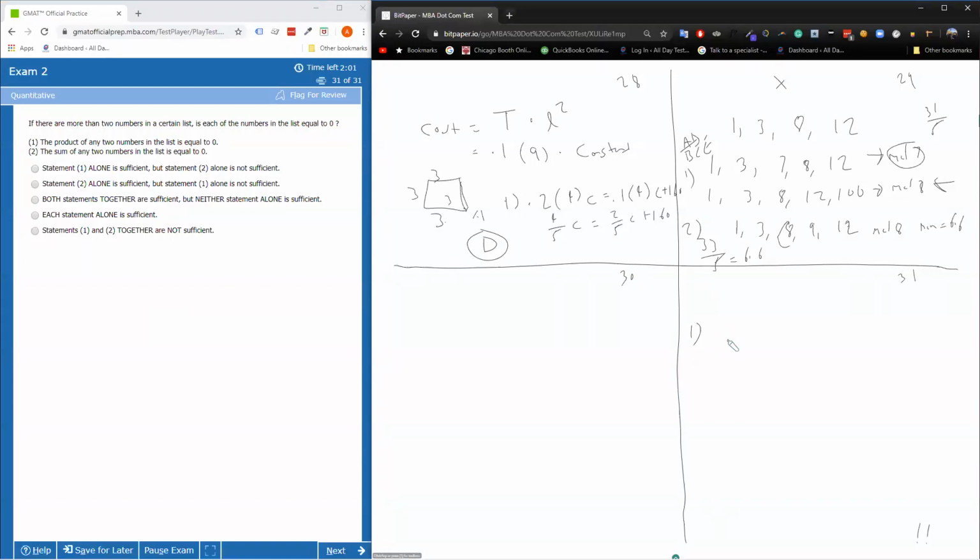The product of any 2 numbers in the list is equal to 0. Well, no, because I can have, well, actually I think yes. Can we have duplicate numbers?